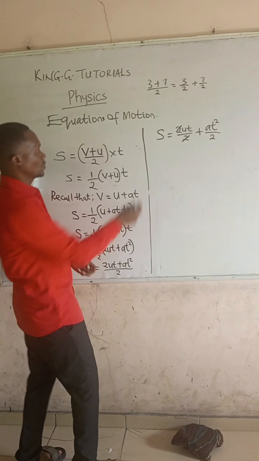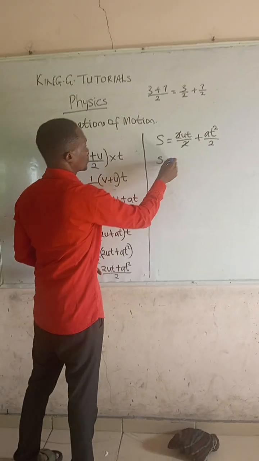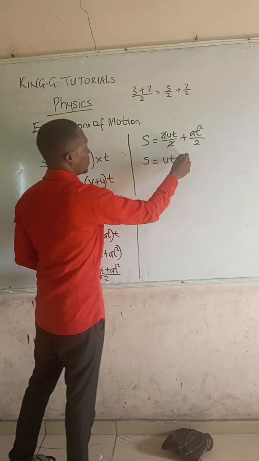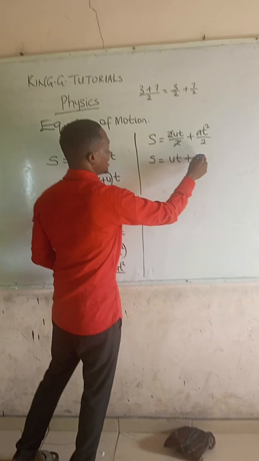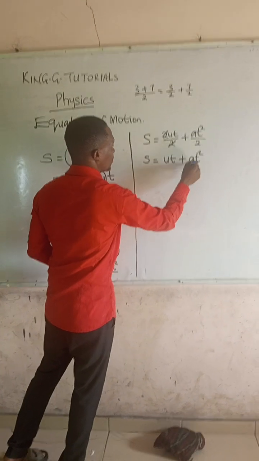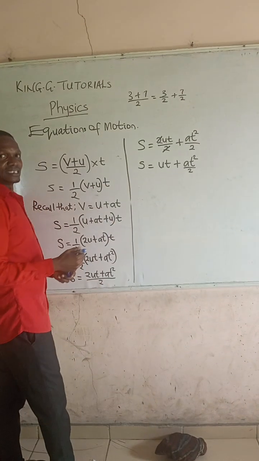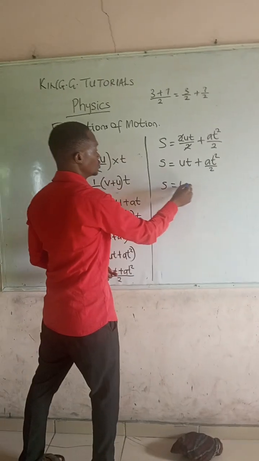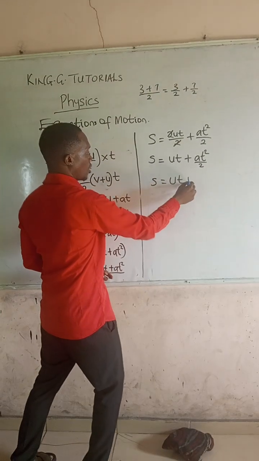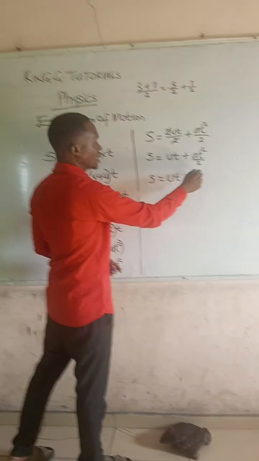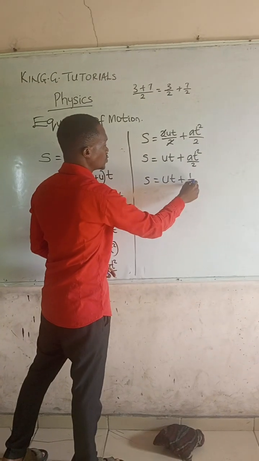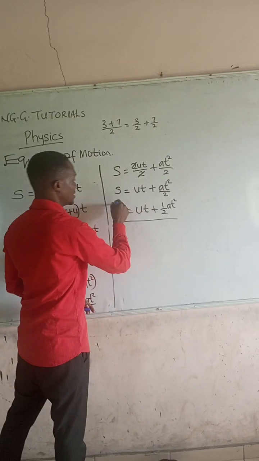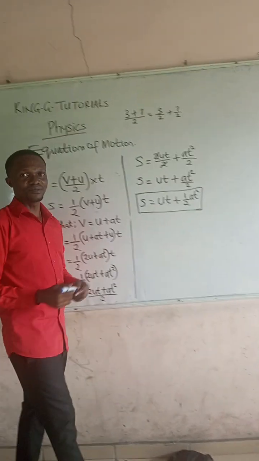We are left with S equal to UT plus AT squared over 2. Now I can still write this as S equal to UT plus 1 over 2 AT squared. So this has been proven.